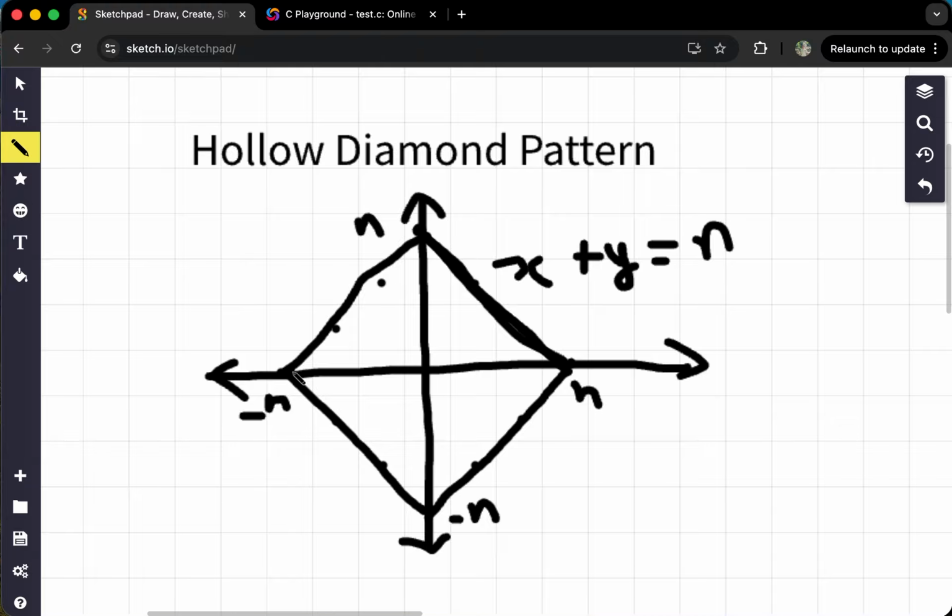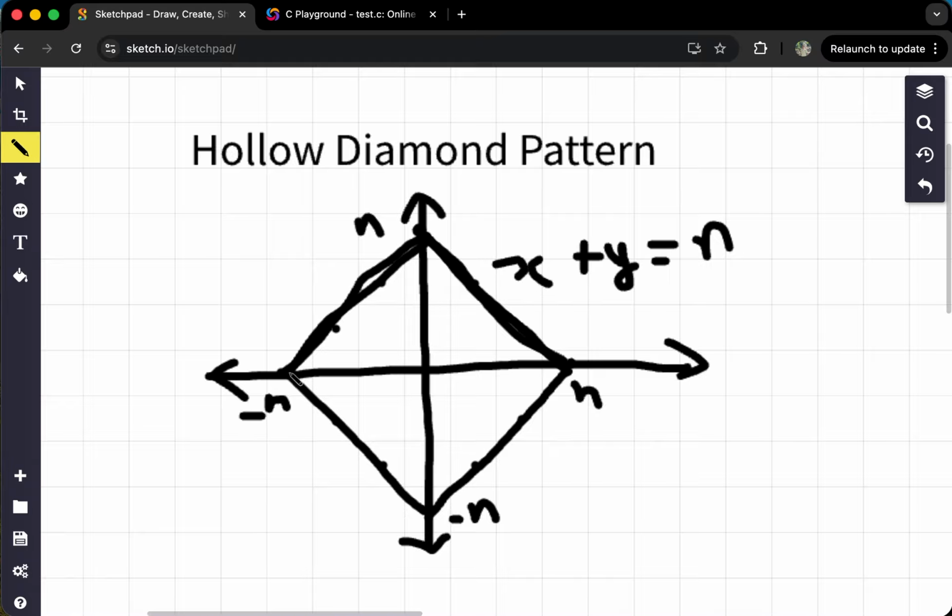Coming to this line, at this point we have x equal to 0 and y equal to n. But if we come to the other point, we have x equal to minus n and y equal to 0. So it's almost similar to the previous line.